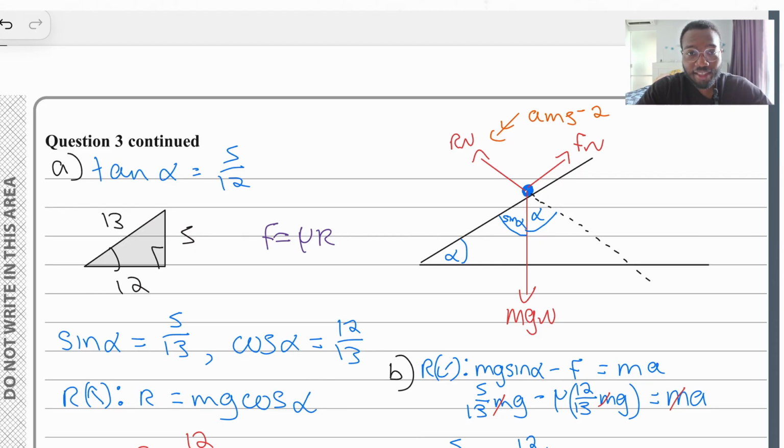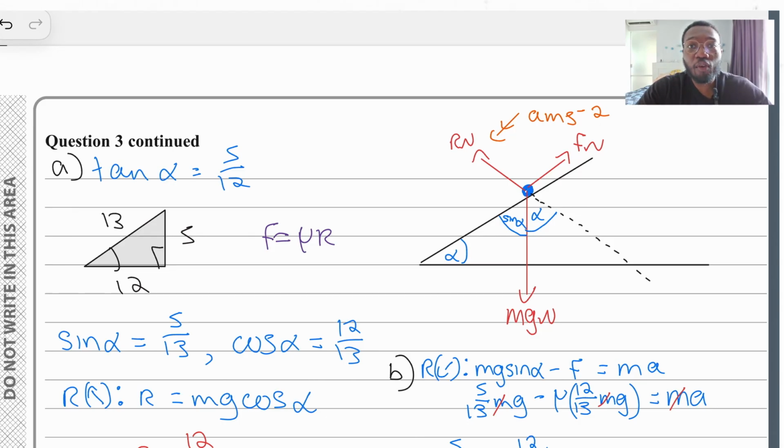Therefore, if you try and release it from rest, it would just stay at rest, because the coefficient of friction is greater than 5 over 12 now. So all you need to put is that P would stay at rest.